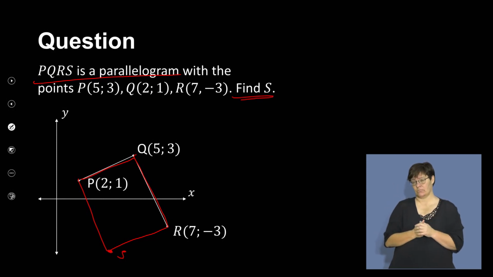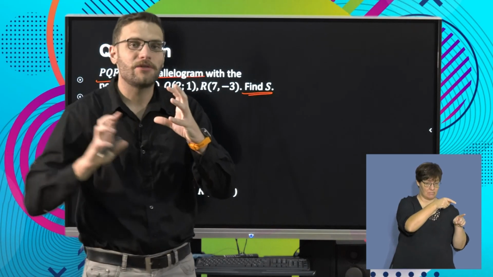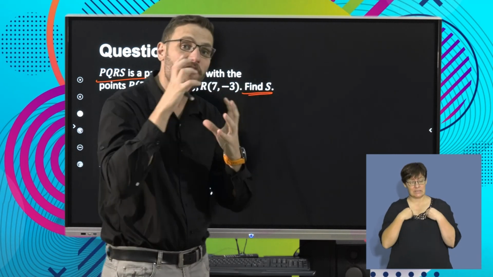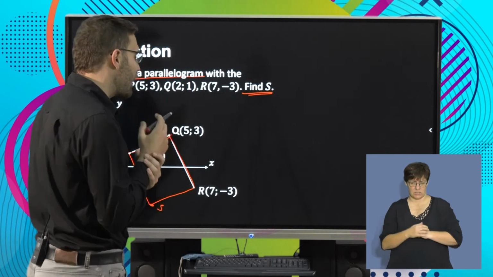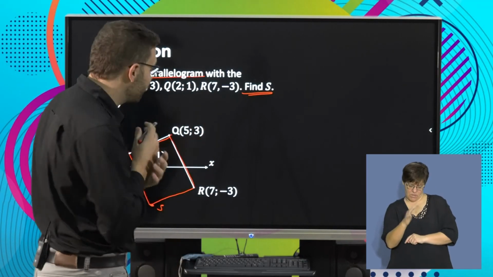Now, this is where we have to link our geometry concepts into the question. And we're going to have to link the properties of a parallelogram somehow to solve this question. If you think about a parallelogram, what is a property that I can potentially use to find S?